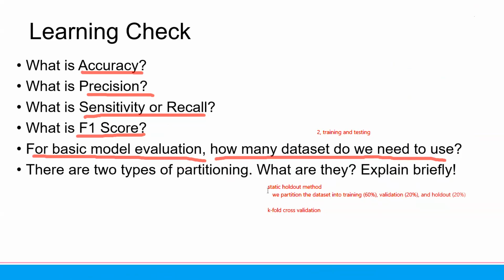In cross validation, we create a partition with k parts. K is any integer number, and we select one part as the testing and the remaining as the training set.